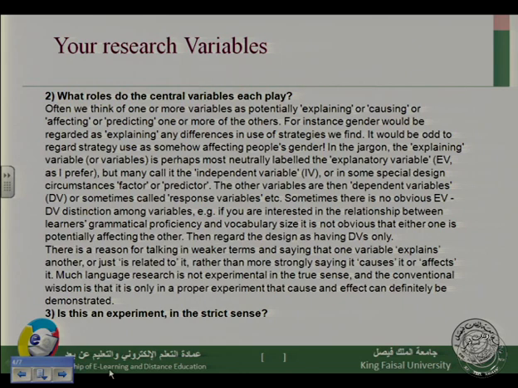But it's not a big deal. You can call them either explaining or independent variable. It would be odd, for instance, for gender to be regarded as explaining any differences in use of strategies we find. It would be odd to regard the strategy use as somehow affecting people's gender. As I mentioned before, you cannot well say gender is the dependent variable.